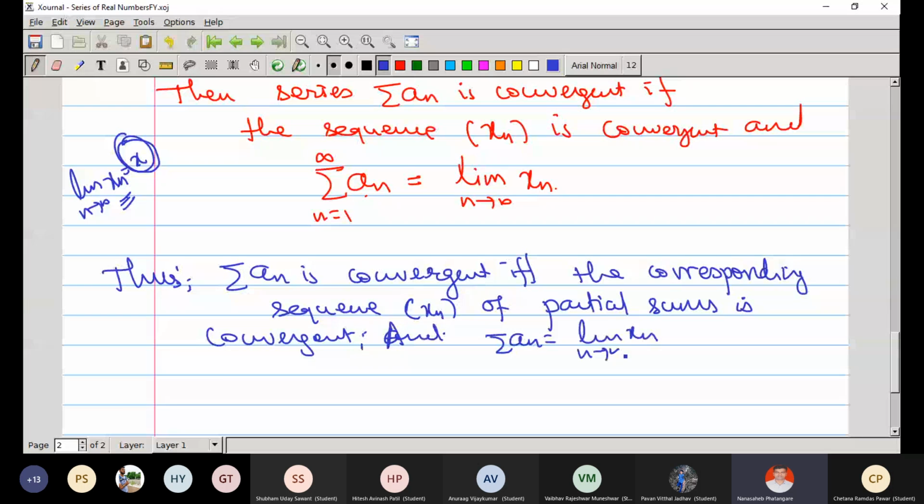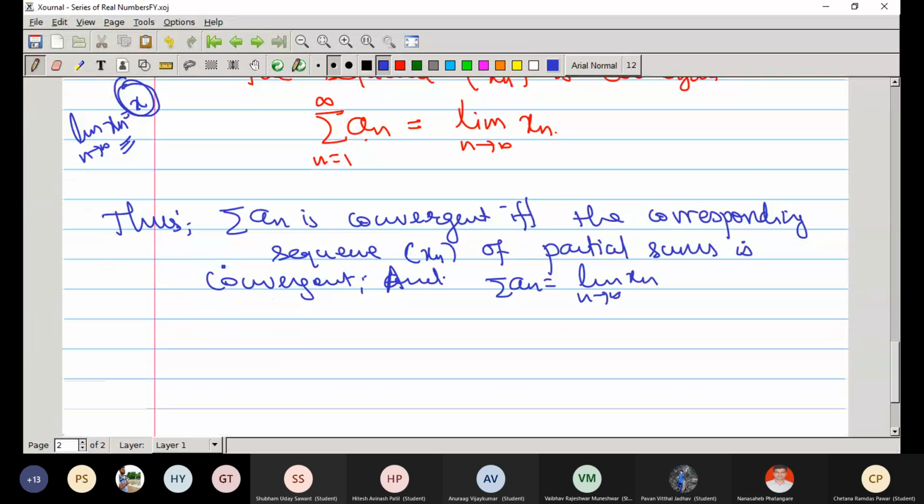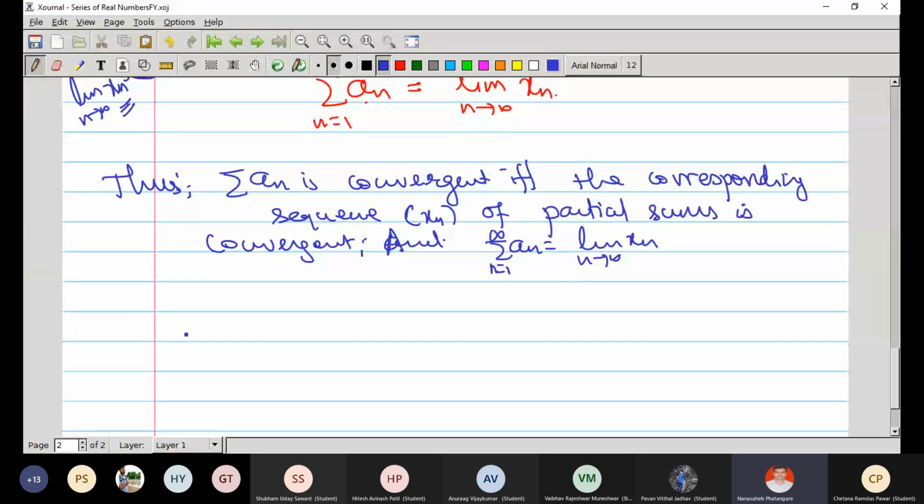This is the important point for us. Is the last sentence clear? This is a key point, because once you understand this sentence, the next job will be very easy. So let us see this.